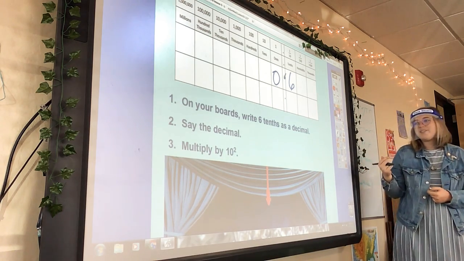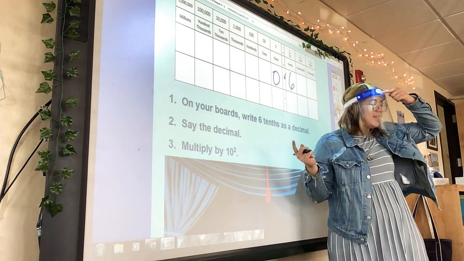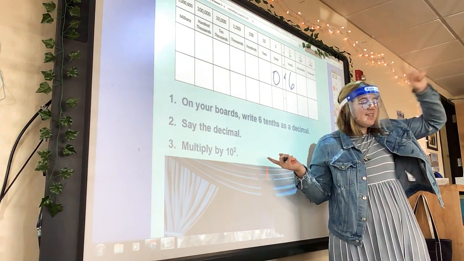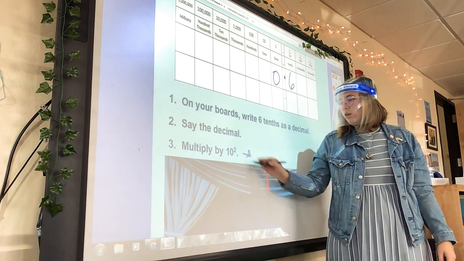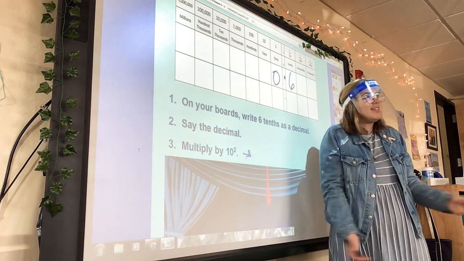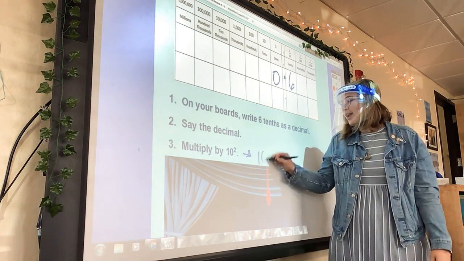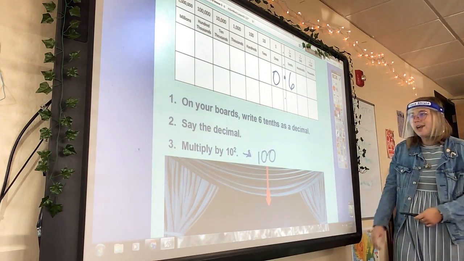So 0.6. If I were to multiply it by 10 to the second, think about what 10 to the second is. Don't say it. 10 to the second, go. 100. Can we say it with a little more pep in our step? 10 to the second is? 100. Yes, be proud of yourself for knowing that over the weekend. Good job.